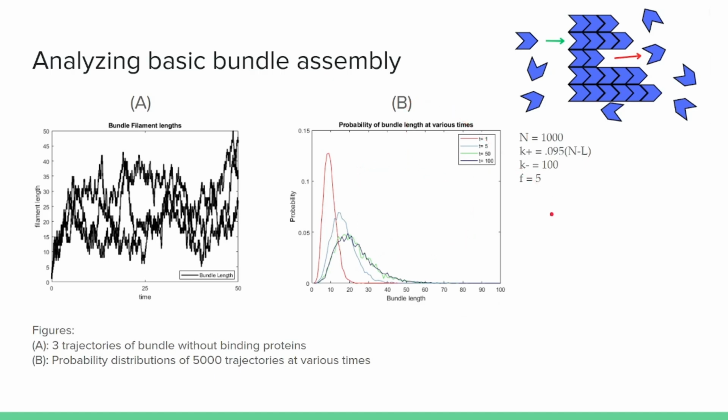These are probability distributions of 5,000 trajectories at various times. So we have t equals 1 in red, t equals 5 in this light blue color, t equals 50 in the green, and t equals 100 in the dark purple. So as we can see in t equals 1, which is when we consider the transient state, the bundle length peaks around 9, and tapers off as it continues on towards 20 in sort of a very thin Gaussian distribution.